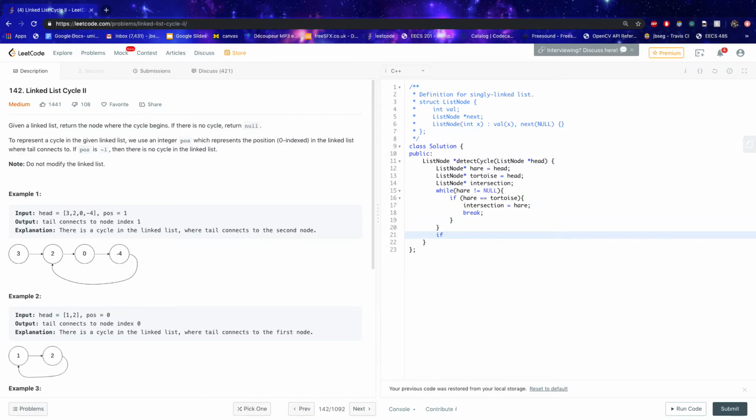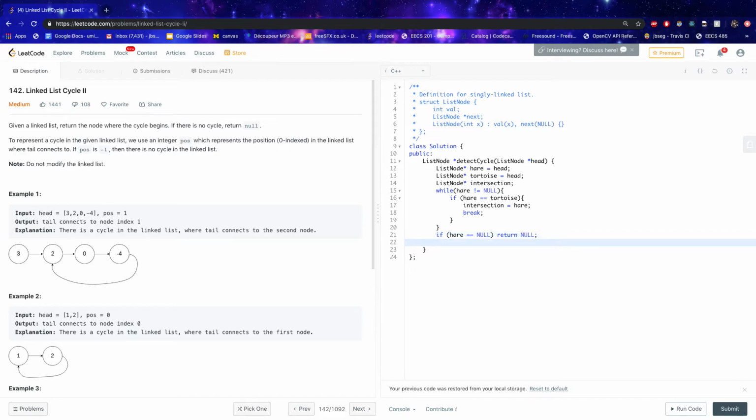So if by this time hare equals null, we should just return null. I don't know if this is how you do it.